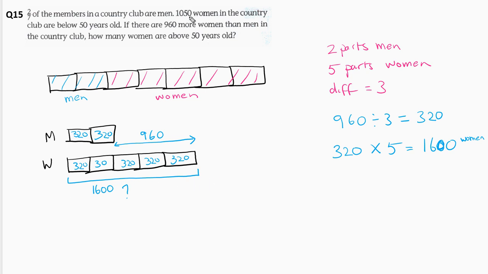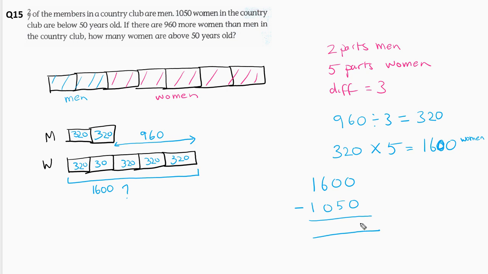And we're told that 1,050 are below 50. We want to know who are above 50, so we need to take 1,050 away from 1,600. You could probably do it in your head, because we can take 1,000, which leaves us with 600, take away 50, which is 550.